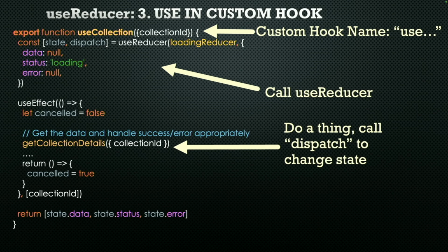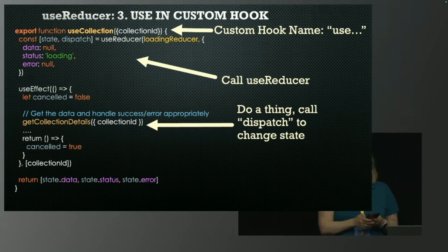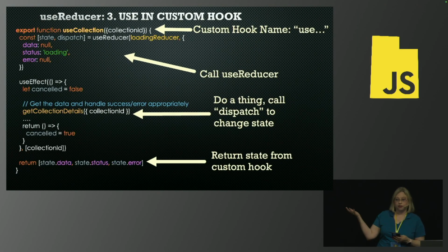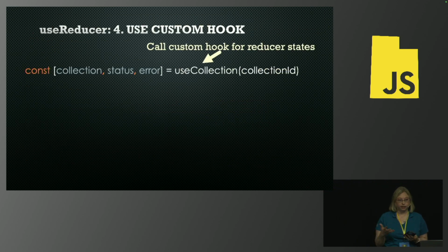And I didn't include all of the data in here, but it's the last slide. We do a thing and call dispatch to change the state, and then we return our values from this hook, and our data, our status, and our error. And then we can use this custom hook just like we would any other custom hook.